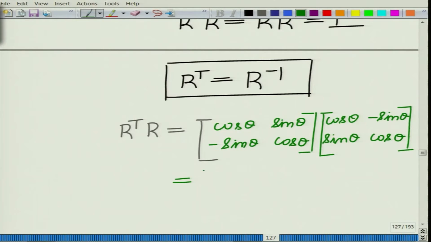So, the 1 comma 1 element, if you simplify this, is cos square theta plus sin square theta.